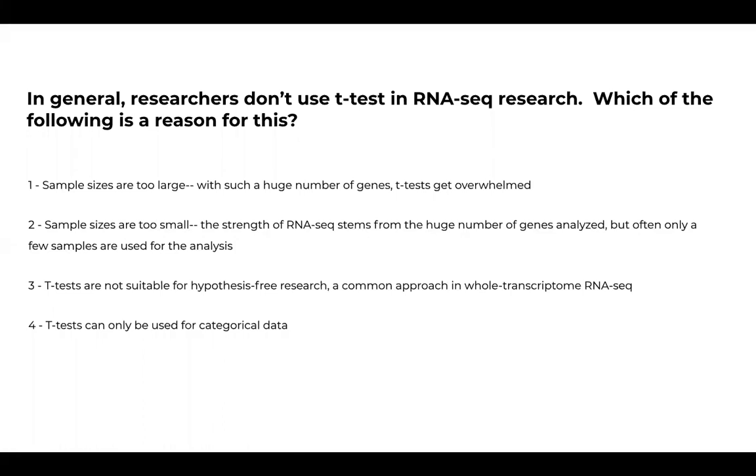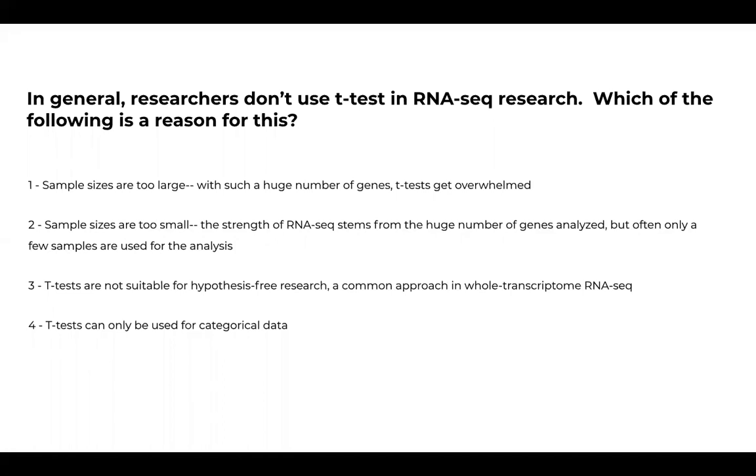So in general, researchers don't use t-test in RNA-seq research. Which of the following is a reason for this? First, sample sizes are too large, and with such a huge number of genes, t-tests get overwhelmed. Second, sample sizes are too small. The strength of RNA-seq stems from the huge number of genes analyzed, but often only a few samples are used for analysis.